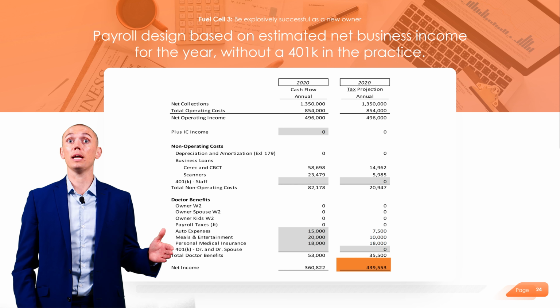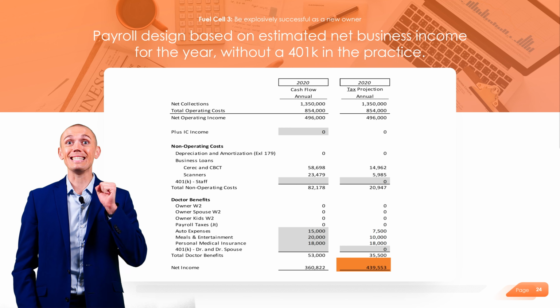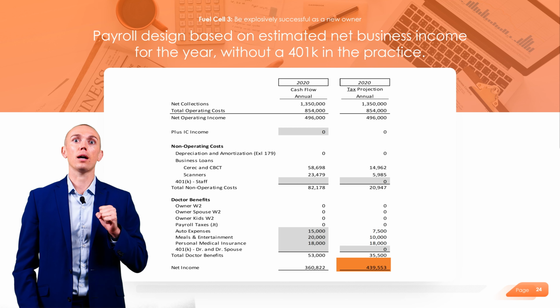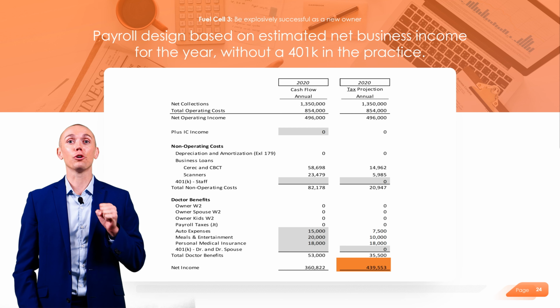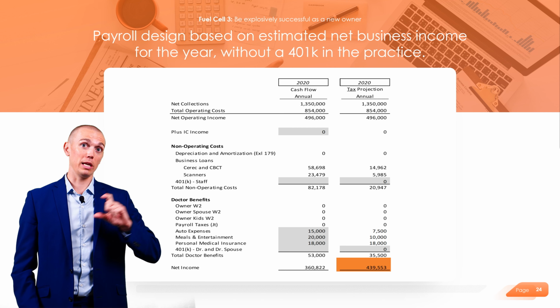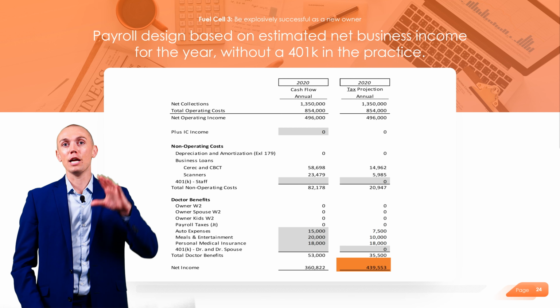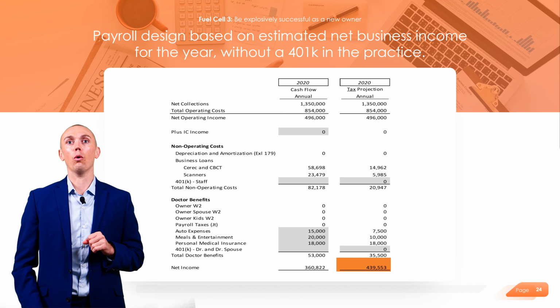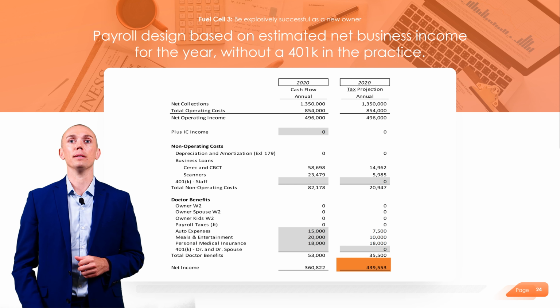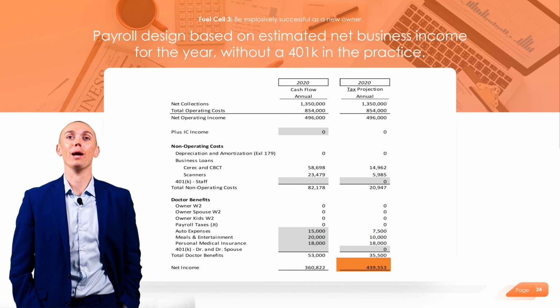So in this year, Dr. Devlin has $20,947 in interest expense, but he actually only has $0 in depreciation and amortization, which indicates that Dr. Devlin most likely took a Section 179 deduction at some point when he purchased those equipment in year one, which is why we're not seeing a depreciation and amortization while he's still paying these debt payments on his loan. That's one primary reason as to why we would see that.